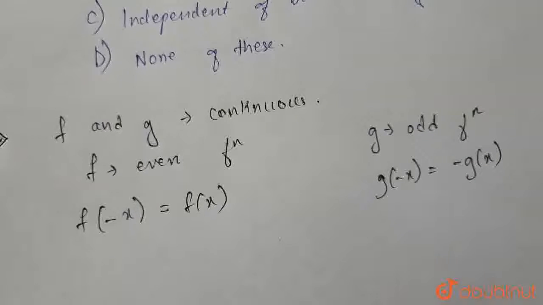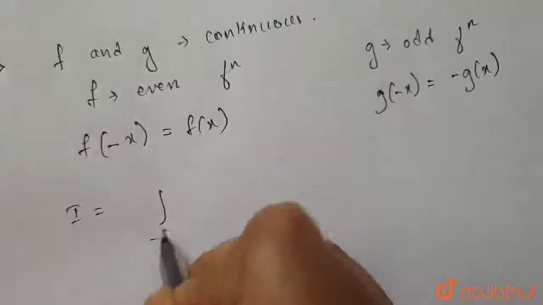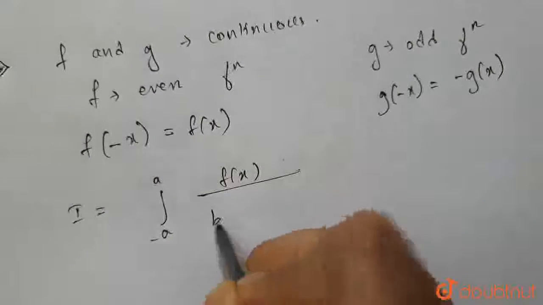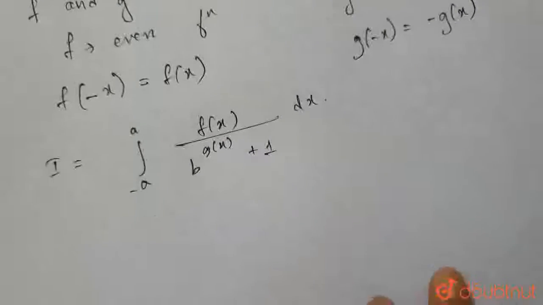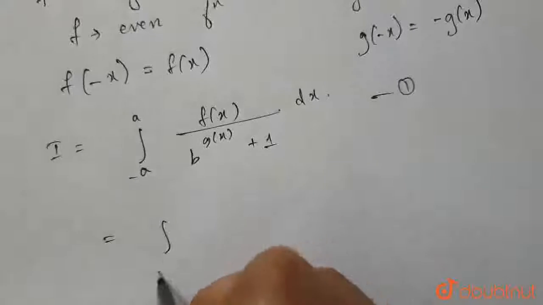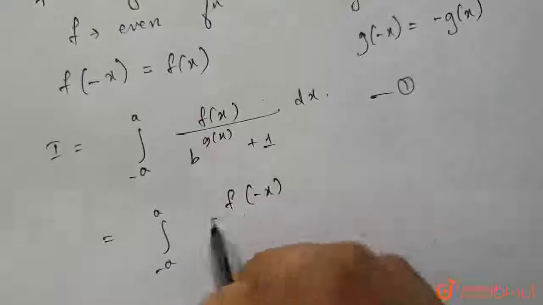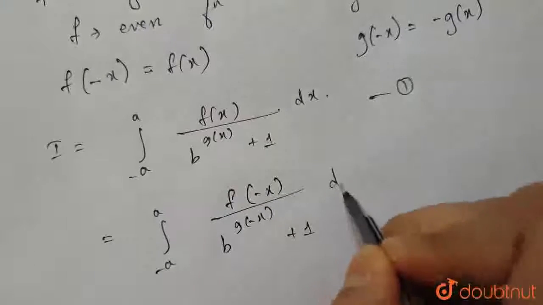So now let's start. Let I equal the integral from minus a to a of f(x) divided by b to the power g(x) plus 1 dx. Let's call this equation number 1. Now let's take minus x in place of x. So this will be f of minus x divided by b to the power g of minus x plus 1 dx.